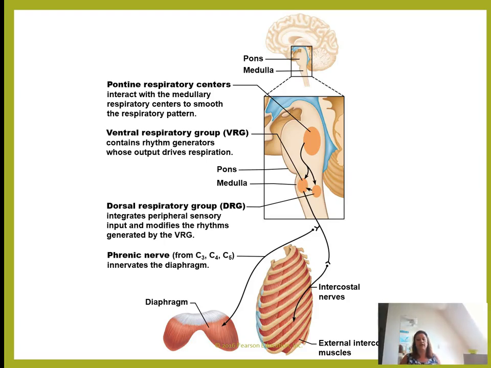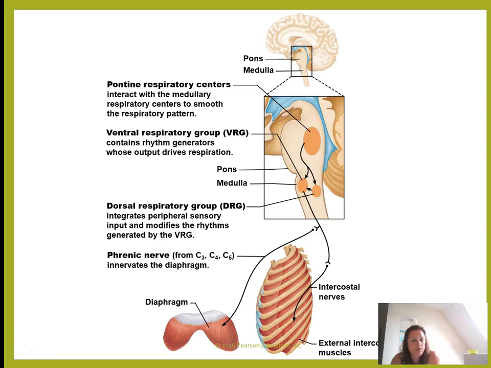Right, so the three of these, the VRG, the DRG, and the pontine, all work together to make sure that the inhalation and exhalation are appropriate. You're not overinflating, underinflating. The rhythm, how many breaths per minute is appropriate, is based on whether you're exercising or whether you're just sitting, watching TV, right? Your amount and depth of respiration is going to be different.